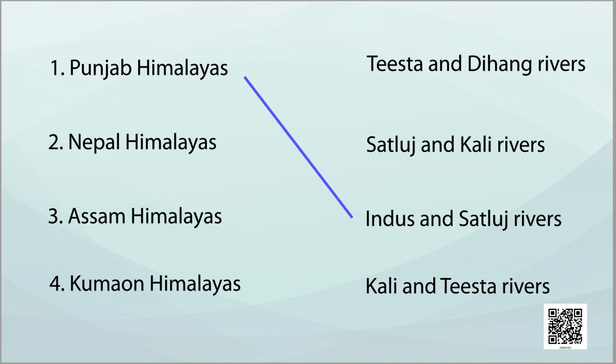These lie between Kali and Tista rivers. Next we have Assam Himalayas, which lie between Tista and Dihang rivers. Then we have Kumaon Himalaya. And where do they lie? They lie between Satluj and Kali rivers.